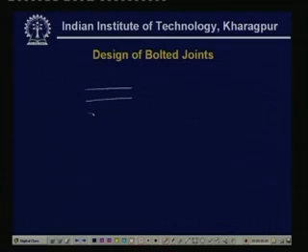There are two members which are connected this way. Let us say this is one part and this is another component, and we have a bolted connection over here. So here is this bolt.